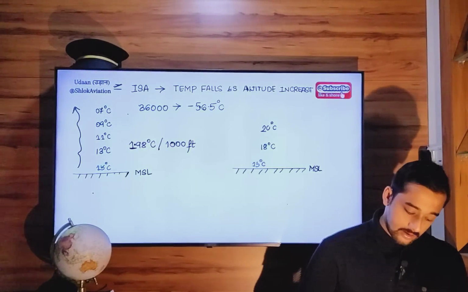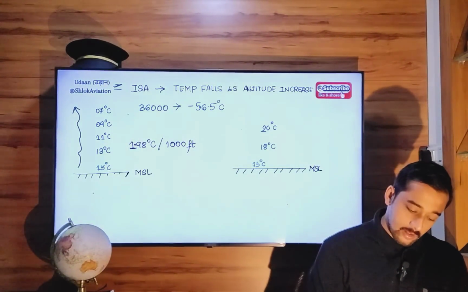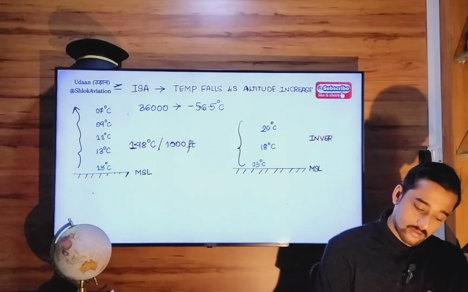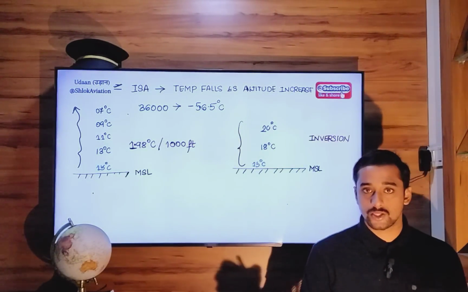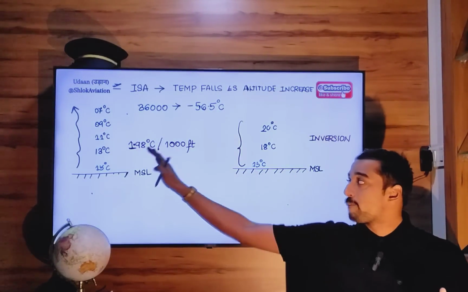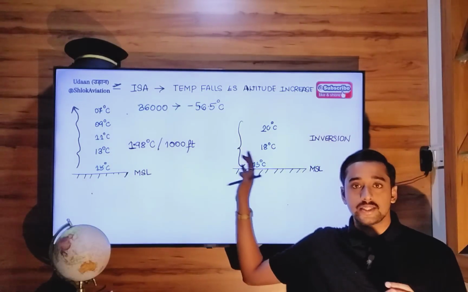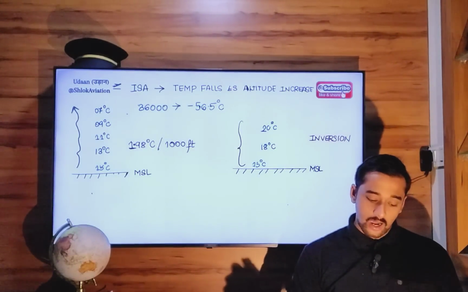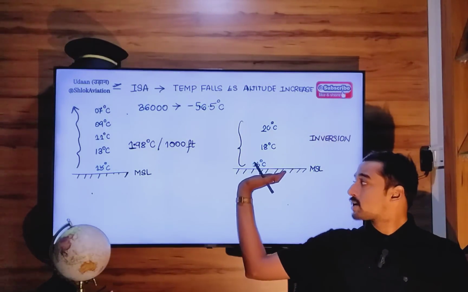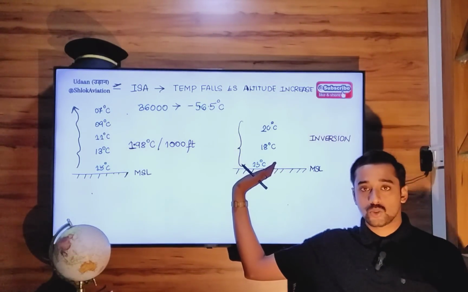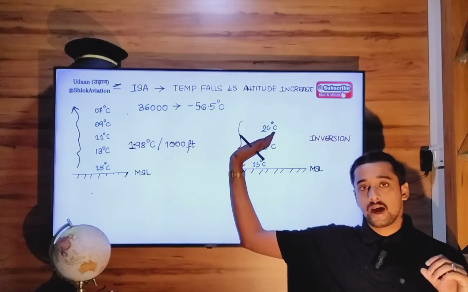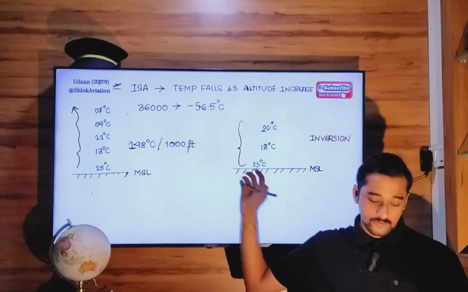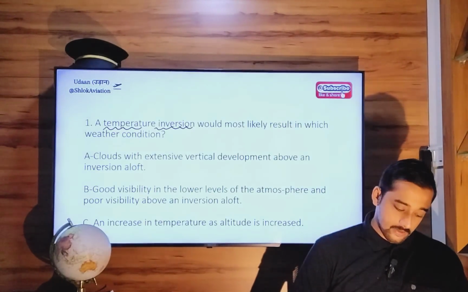So this layer will be called inversion layer or inversion conditions, because the inverse or opposite of the standard expectation has occurred here. So this is called inversion, where the temperature on the ground surface is one value, but as you go higher and higher, the temperature is actually more than the temperature at the ground surface. Okay, so this is called temperature inversion.